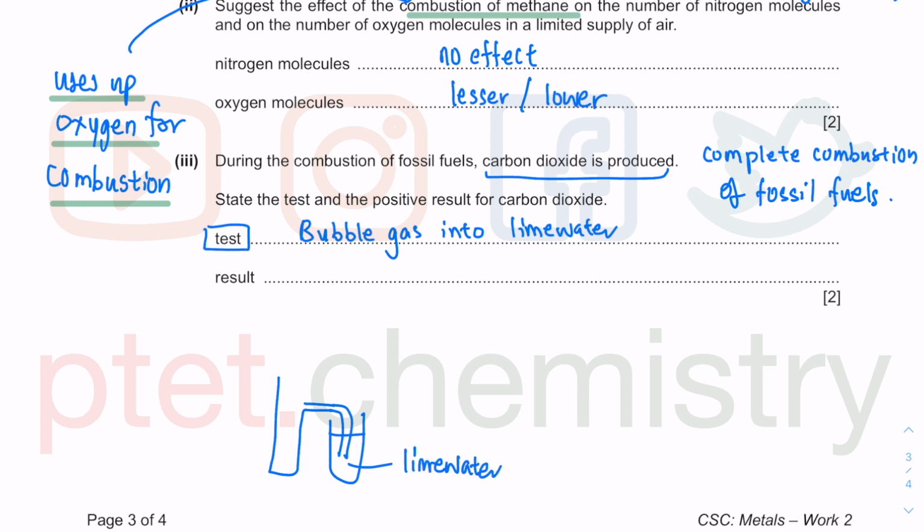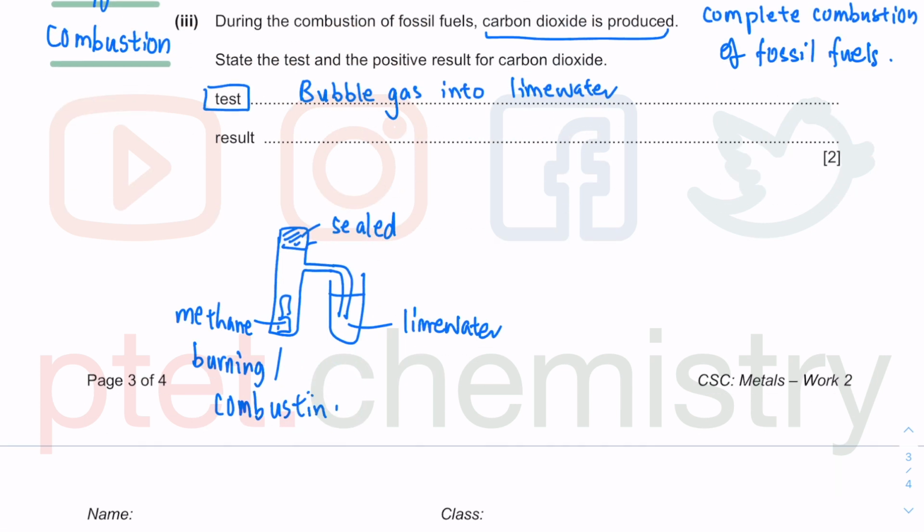I want to collect the gas inside there. So what I'll have is a seal. This one is a seal, meaning it's totally closed. So all the carbon dioxide from here that I am burning, and if I'm burning off the methane, so this is methane burning or combusting, and I am producing carbon dioxide, and the carbon dioxide bubbles into lime water.